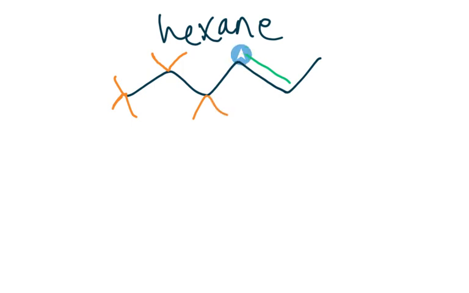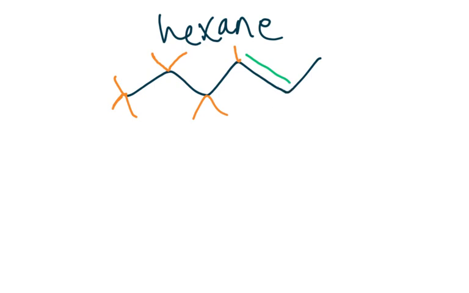Now here, this carbon already has 3 bonds, so it can only have 1 more bond. And why does it have 3? Because a double bond counts as 2 bonds. So it's 1, 2, 3, and then it needs 1 more bond to hydrogen in order to fulfill the 4 bond octet rule. So we would just draw another bond to hydrogen, and this carbon is the same thing.